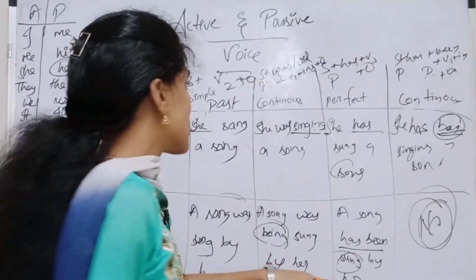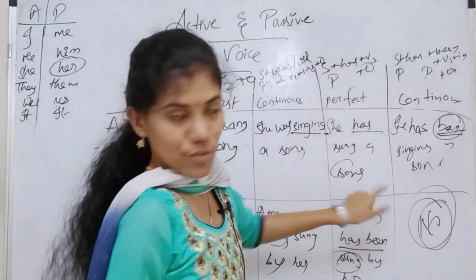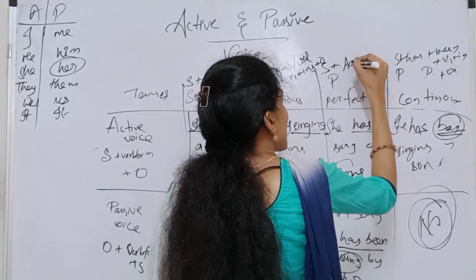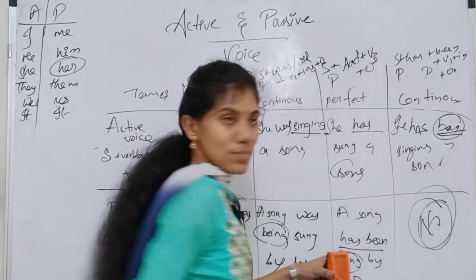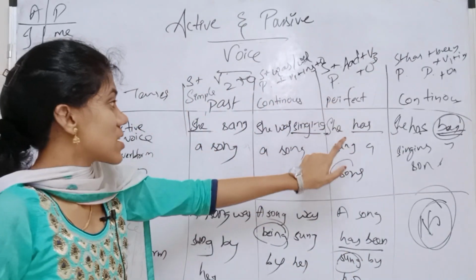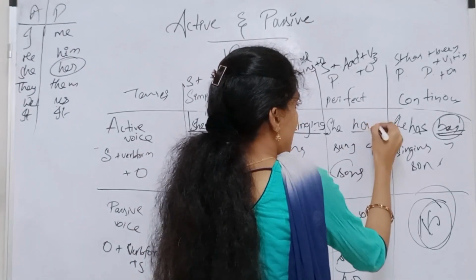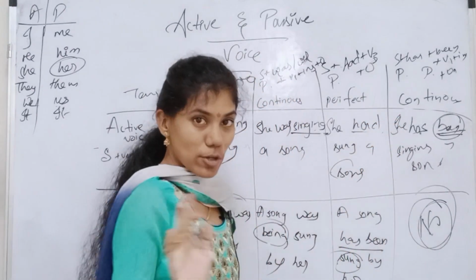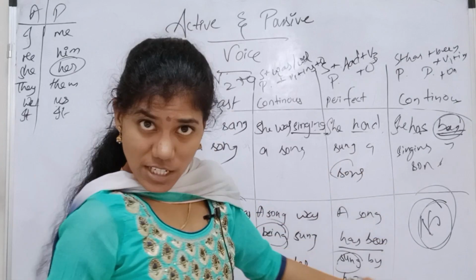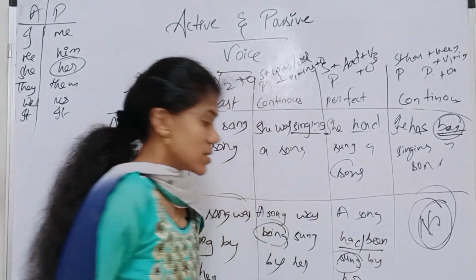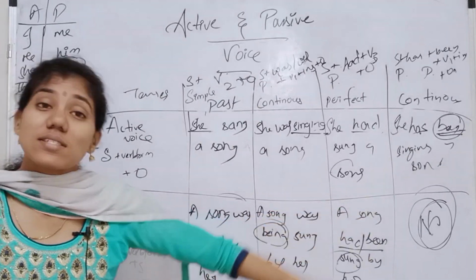Next, coming to past perfect. Subject plus had plus V3 plus object. Instead of "has" in present tense, we get: she had sung a song, because it is past tense. Converting this: a song had been sung by her.